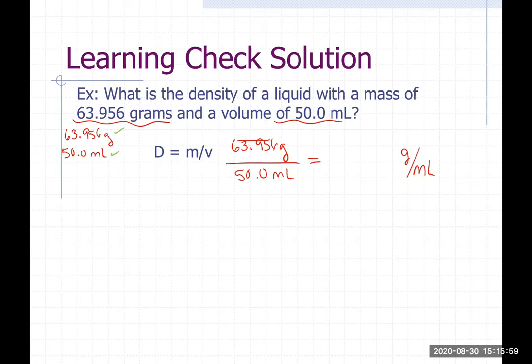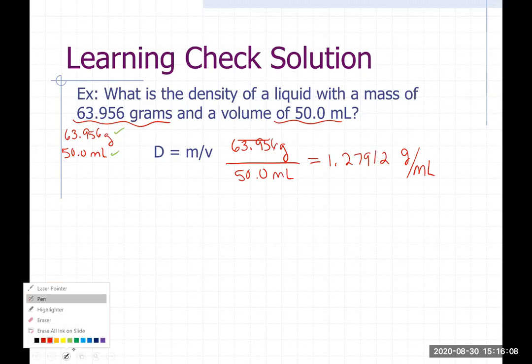And what I get here is 1.27912. And so we have to evaluate our significant figures. We have two data values, mass and volume. In the mass, we have 5 sig figs. And in the volume, we have 3 sig figs. The trailing zeros count because there's a decimal.